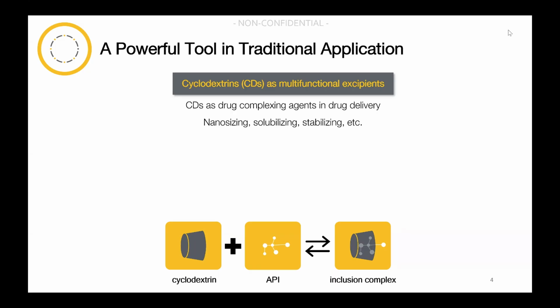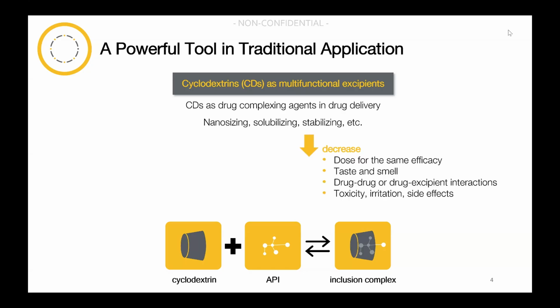The outer side of the cyclodextrin is hydrophilic, while the inner side is more lipophilic, and this very special property of the cyclodextrin makes it feasible to complex the API, and by that the API's properties will be changed. Like the API has bad solubility, low stability, but this inclusion complex can have higher solubility and higher stability. But what are these properties exactly?